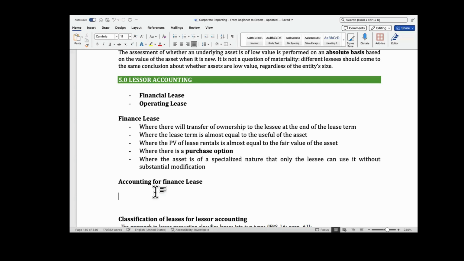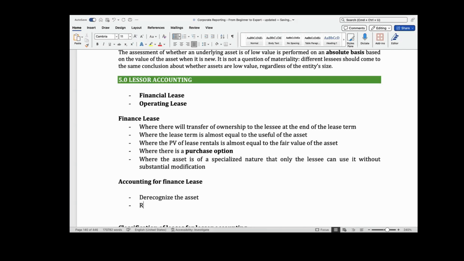So since a finance lease is one in which the lessor has transferred risk and reward, very close to the lessor having sold the asset, in accounting for it, the first thing that will be done is to derecognize the asset.